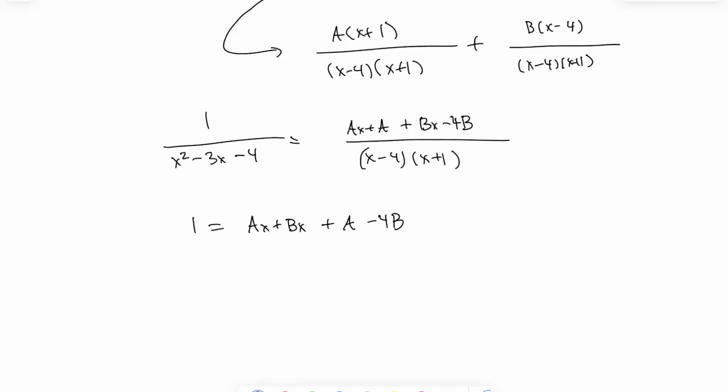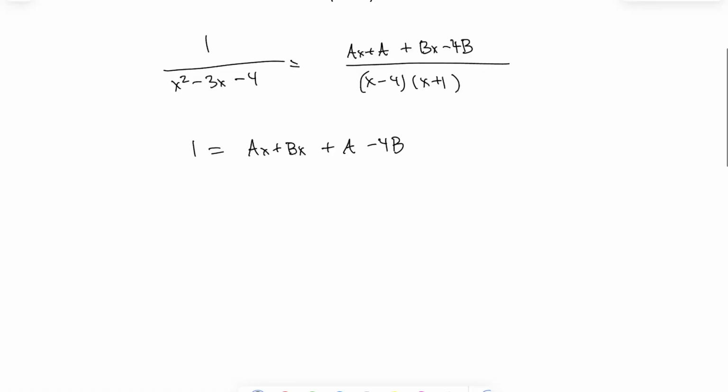Just sort of grouping together the x parts and the constant parts. And just to be extra suggestive here, I'm going to write it as (A plus B)x plus (A minus 4B) equals 0x plus 1. I switched around the two sides, but over here, I just factored x out of the first two. And then over here, I just wrote 1 again, but I wrote 0 times x plus 1.